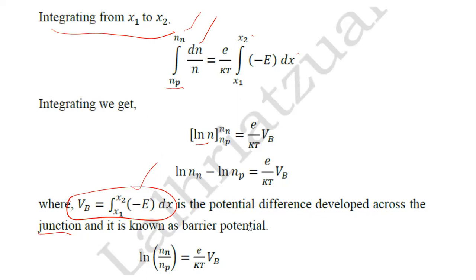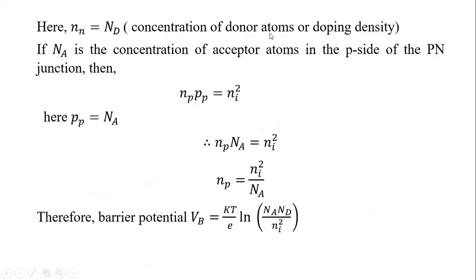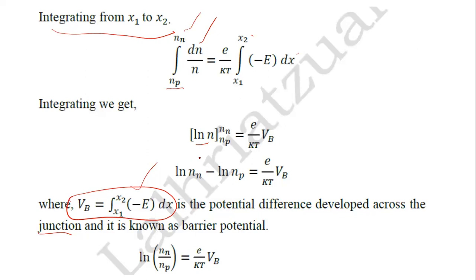Now this is what we arrive at, and from here let us see the quantities we have seen so far. Nn, as we know, is the concentration of free electrons in the n region. As I discussed in the previous lectures, this is equivalent to Nd, the number density of donor atoms.